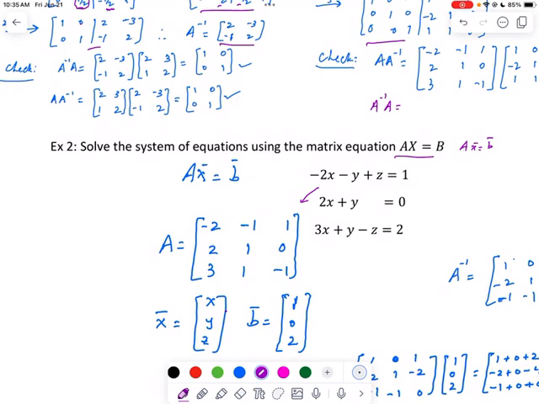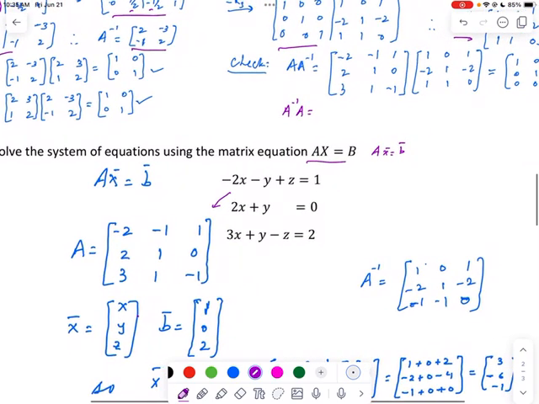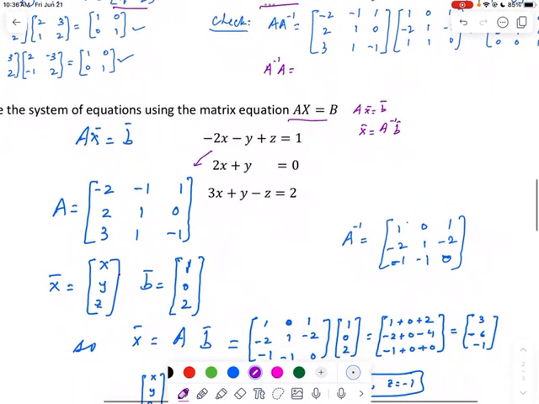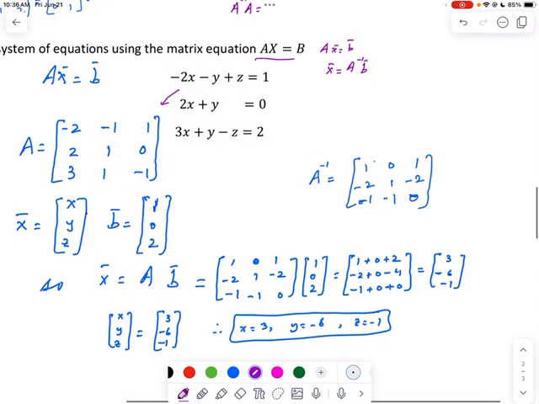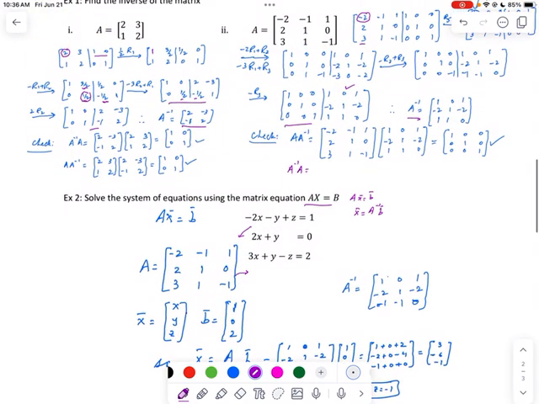So now we apply it in our equation. We just noted that once we have this, the solution will be X is equal to A inverse times B. So that's what I'm going to do. If you note, this matrix is the same as the one whose inverse we just found in the previous example.